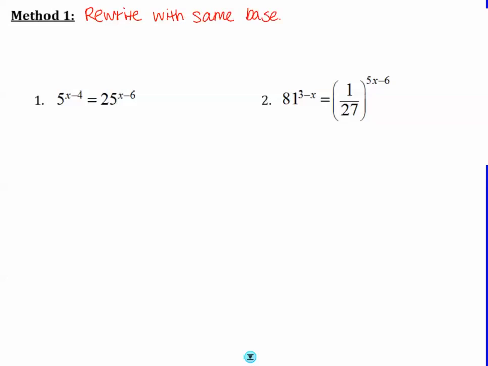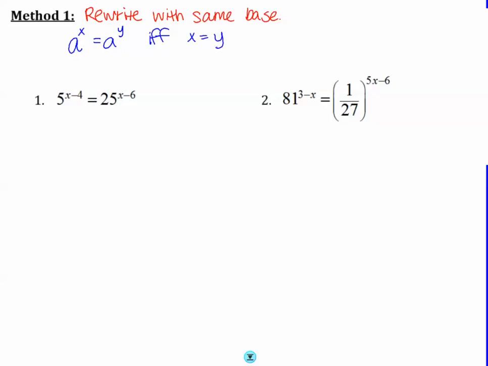This allows us to use the property that a to the x power equals a to the y power if and only if x equals y. And we'll see how that property is used in a minute.